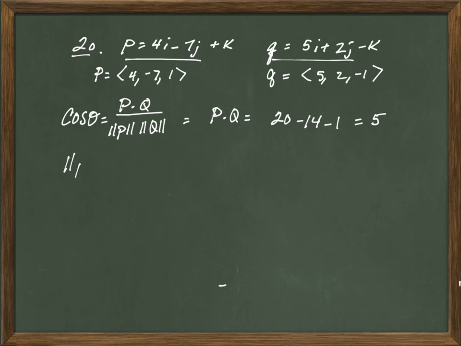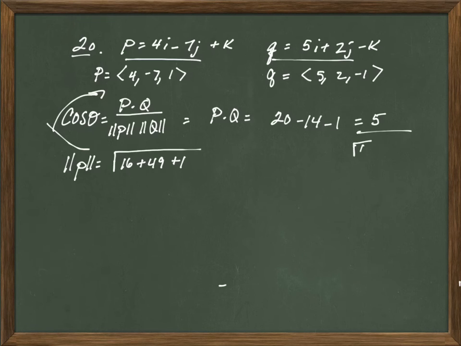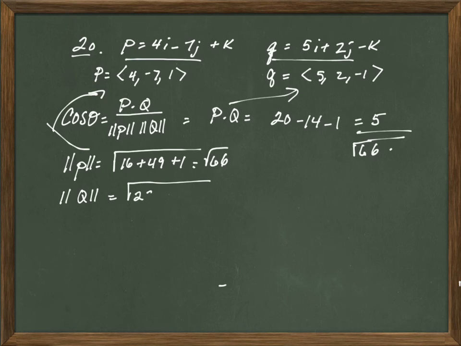And now the magnitude of P is equal to the square root, looking at P, of 16 plus 49 plus 1. So that's the square root of 66 times the magnitude of Q, which is the square root of, looking at Q now, 25, 5 squared, plus 2 squared is 4, negative 1 squared plus 1.